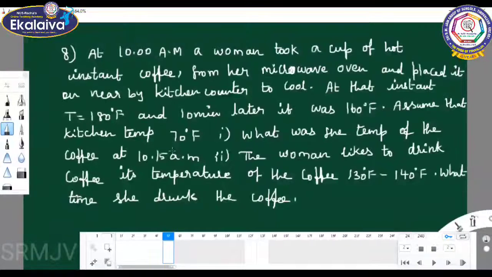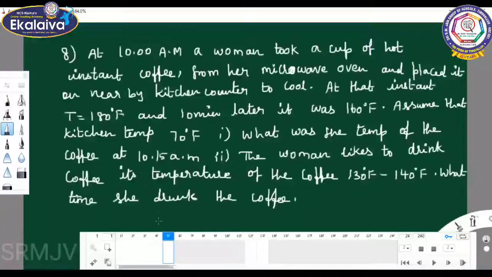What was the temperature of the coffee at 10:15 a.m.? The woman likes to drink the coffee at a temperature of 130 to 140 degrees Fahrenheit. What time did she drink the coffee?